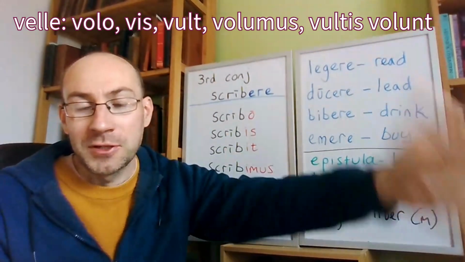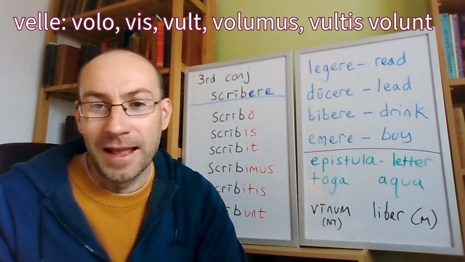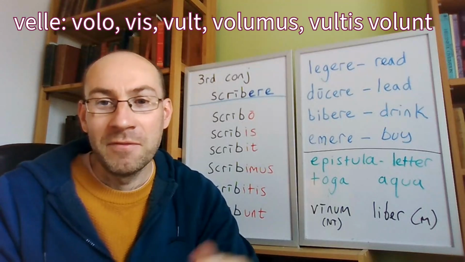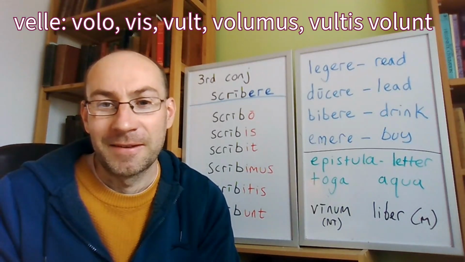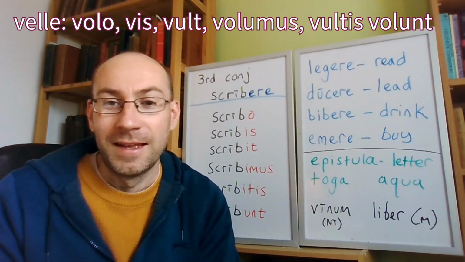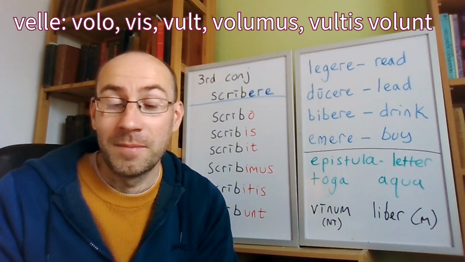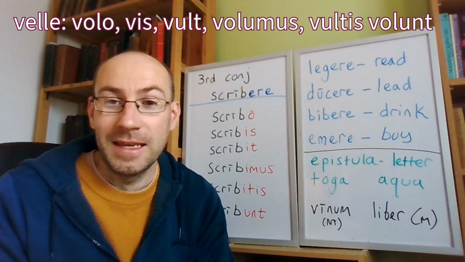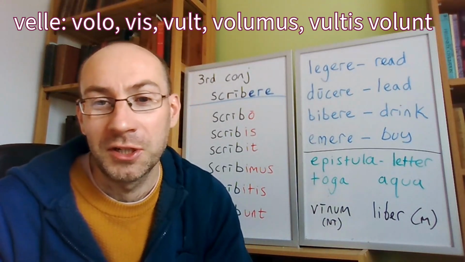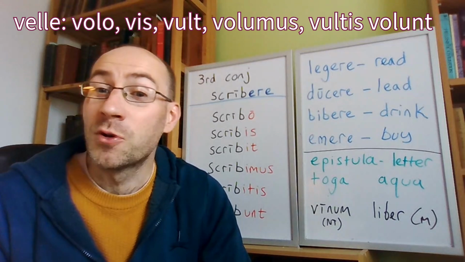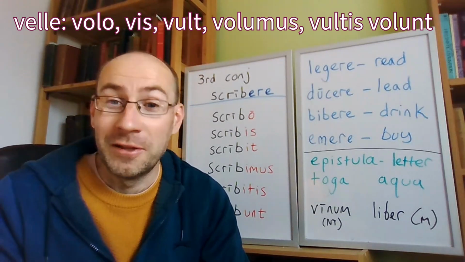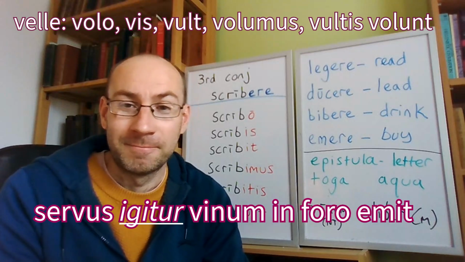If we're continuing the story, we might throw in a little word like therefore. The slave therefore buys wine in the forum. One word for therefore is igitur, and it likes to come in second position. Servus igitur vinum in foro emit.